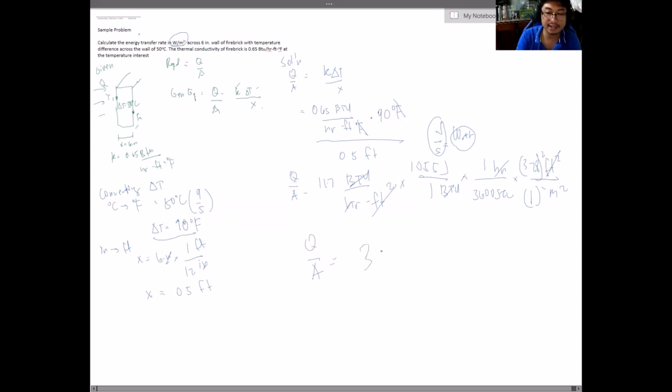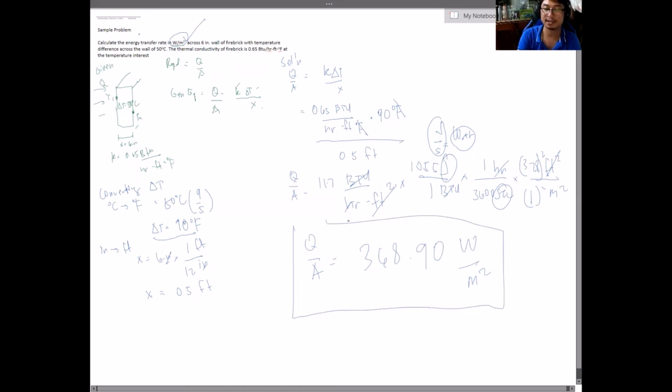Answer is 368.90 watts per meter squared. Ulitin ko, saan nangaling yung watts? Natira si joule per second. Joule per second is equals to watts. Tapos natira si meter square, so watts per meter squared. So, okay, nahanap natin yung hinahanap sa problem, watts per meter squared. So, definitely, this is the answer. This is the heat transfer rate.